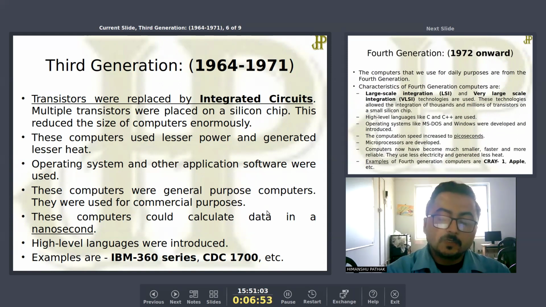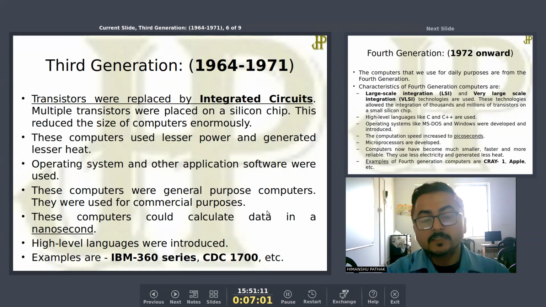As we know that in first generation, calculation are done in millisecond. In second generation, it is in microsecond, but now the computers could calculate data in nanosecond. Now the speed is going to be very fast.